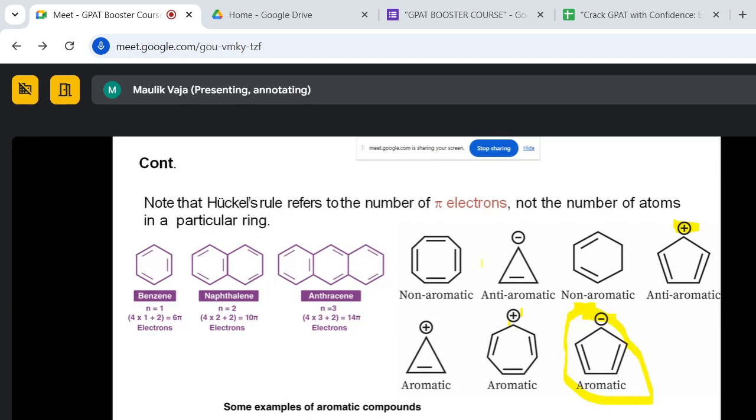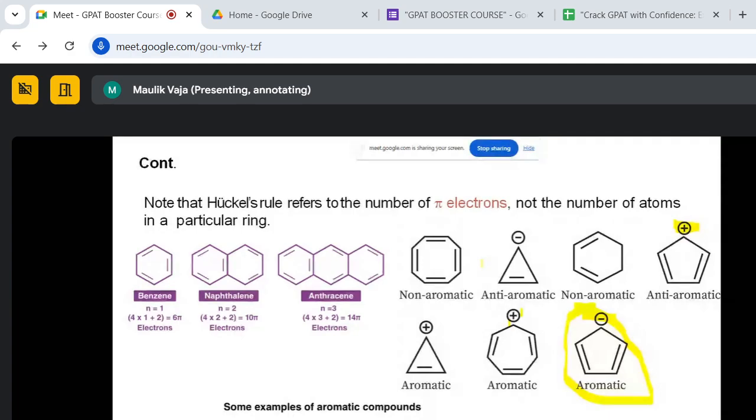Now if they give an option like benzene is aromatic, why? Options like it is cyclic, it is planar, it follows Huckel's rule, and all of the above. So the option will be all of the above. They just twist the question and ask like that.